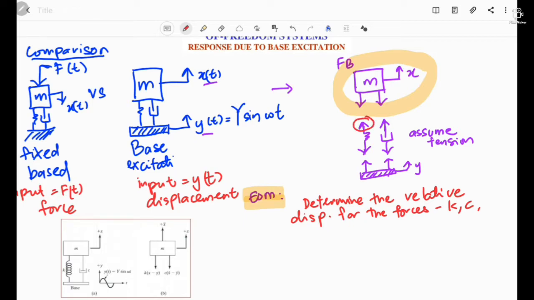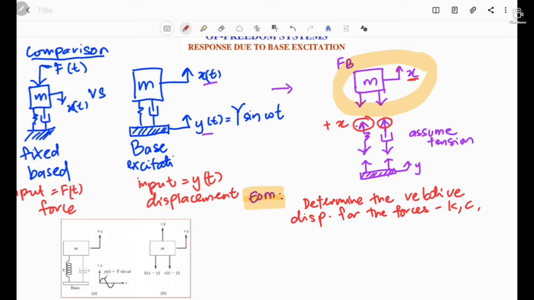So you take a look at this arrowhead. This arrowhead compared to your x, you can see that it is the same direction. So you get positive x. Same as this one, this arrowhead and this arrowhead are the same, so it's the same as your x direction.